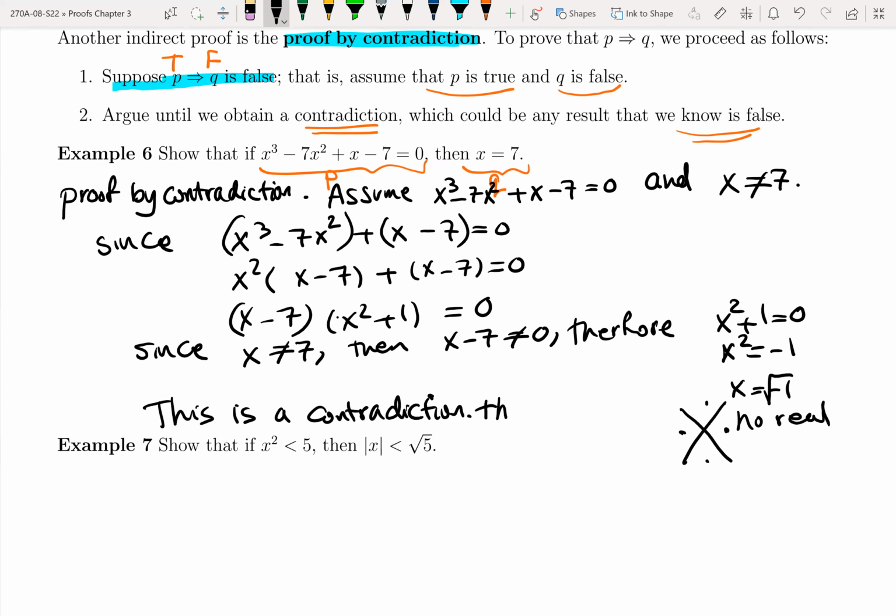So what's the conclusion? x was 7. So switching the statement to not Q makes all of this false. The assumption that you considered not Q was the only reason that you got the contradiction. You get something false, something nonsense. So then you change your word and say, sorry, x was 7.